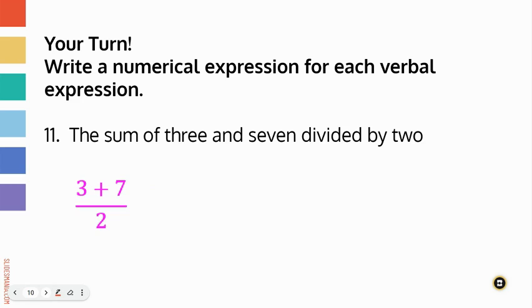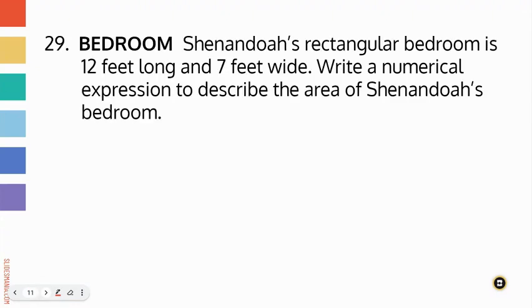And here is the answer that you should have gotten. And again, remember, if you don't write this as a fraction, you can also write it with parentheses. So you would have the 3 plus 7 in parentheses and then divided by 2. So if you need to pause this to fix your answer, please feel free to do that.